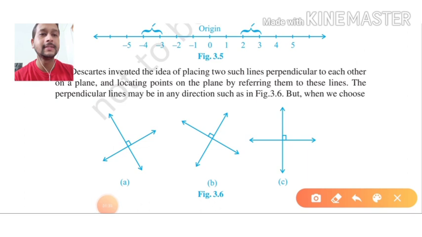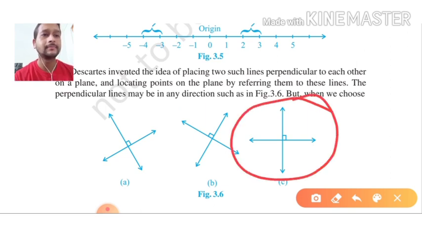For this, you can divide a plane with the help of two perpendicular lines, that means two lines which are perpendicular to each other.